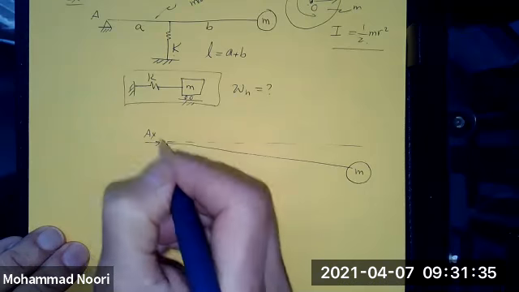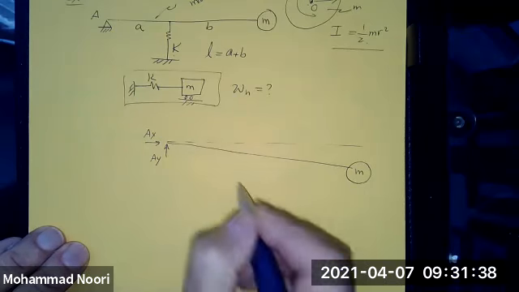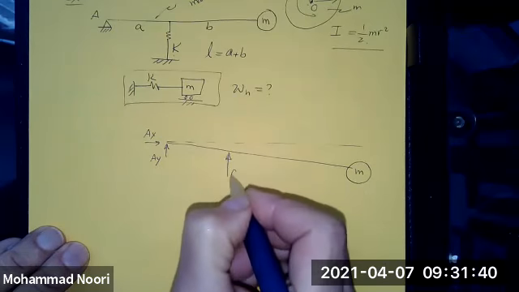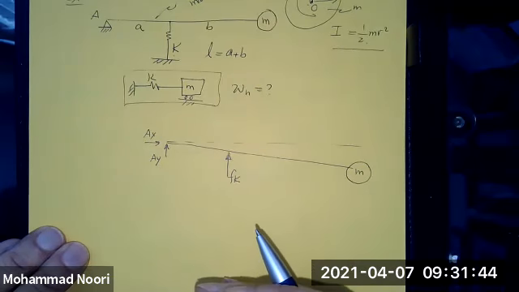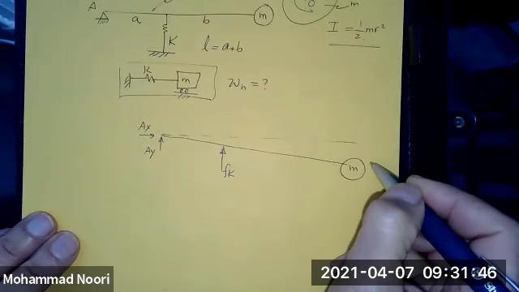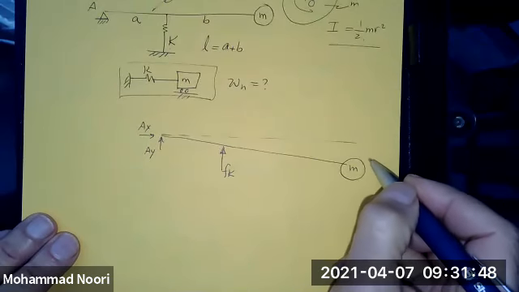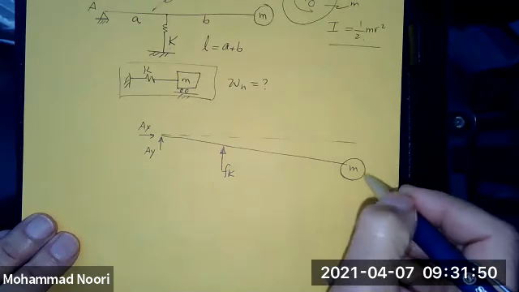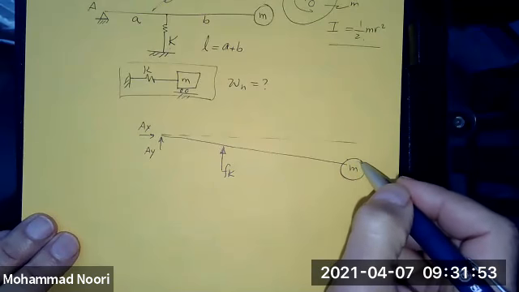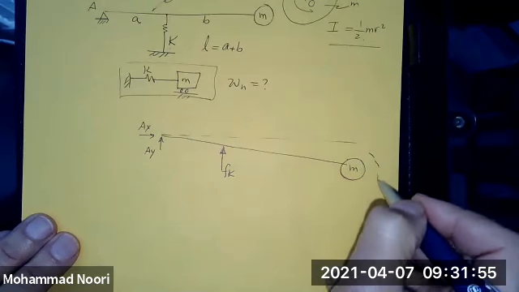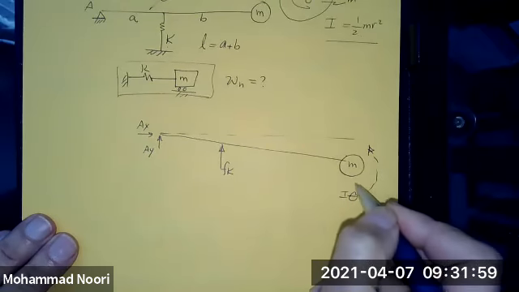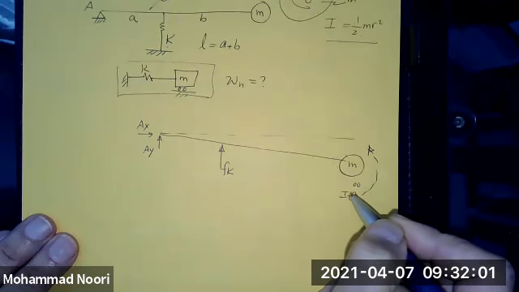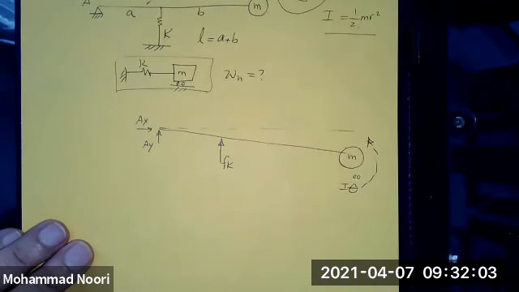At the support, you have a force due to the spring that is resisting this motion. And then you have the inertial force, due to rotation of this mass, which I would put this way. I call that the D'Alembert force, I theta double dot. So this represents a free body diagram.